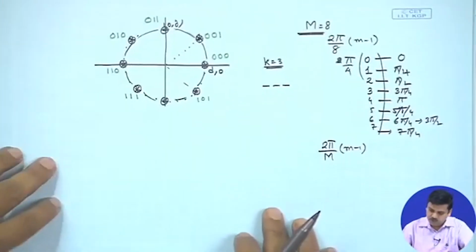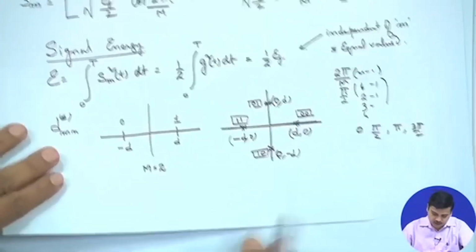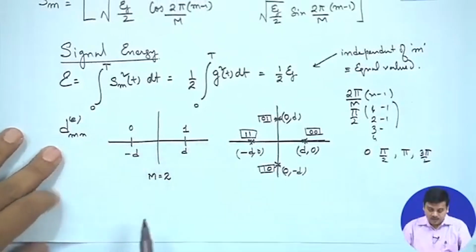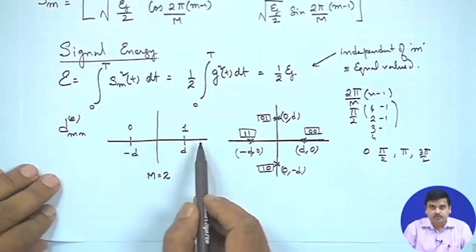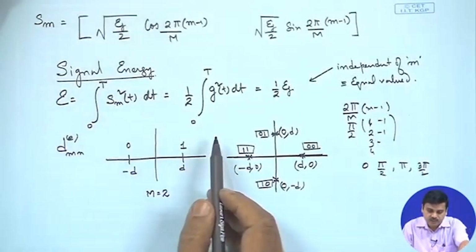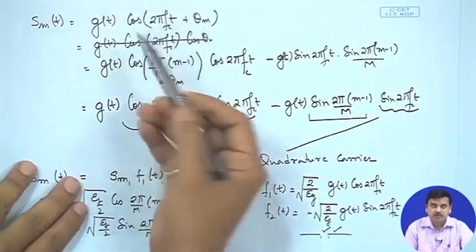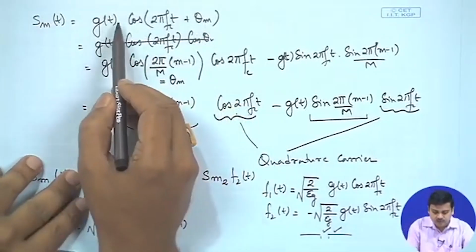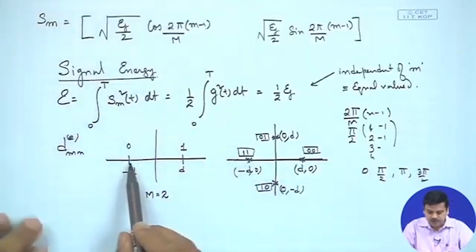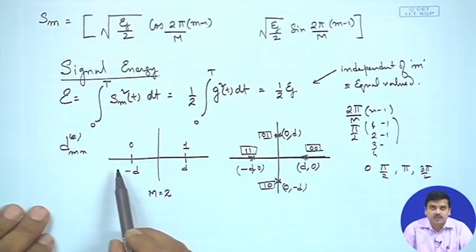clearly the way to send the signal would be you need a simple cosine carrier, cos 2 pi f c t, you would choose the angles, or you could simply modify the amplitude to be plus or minus and you are done.